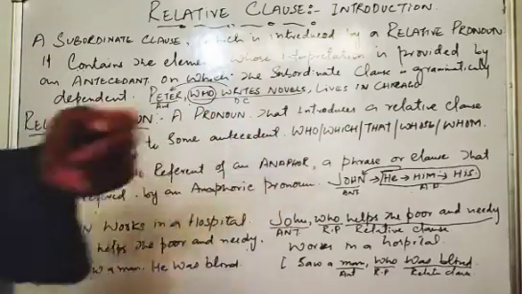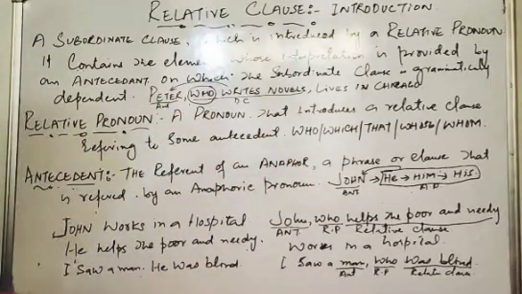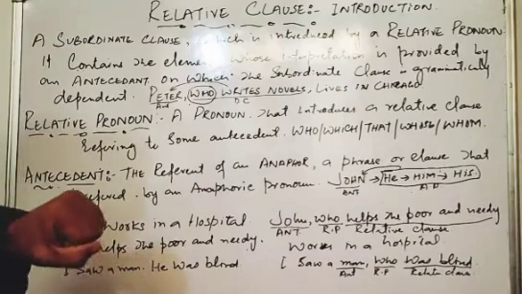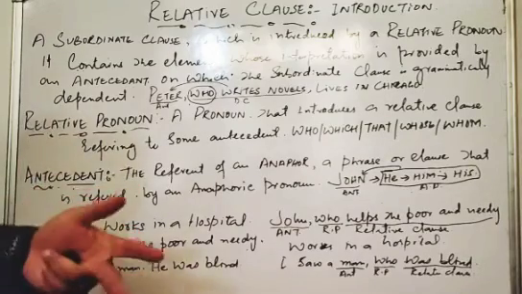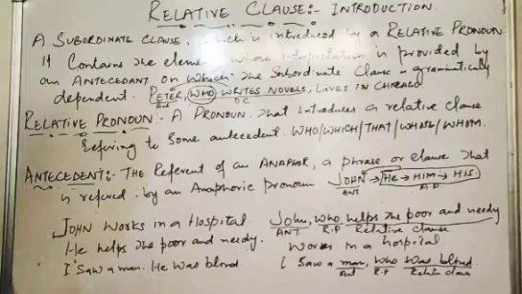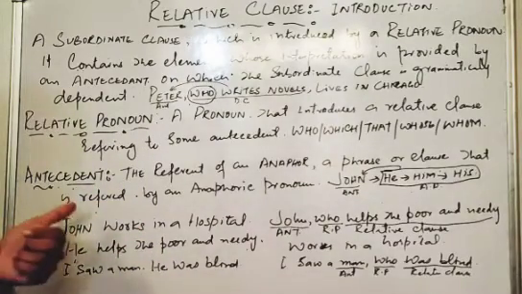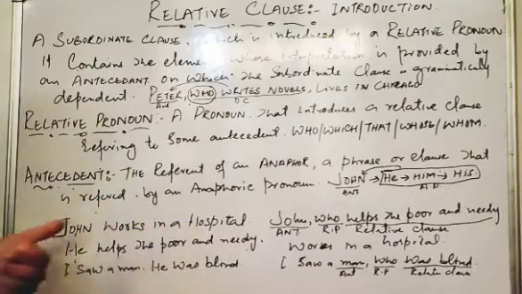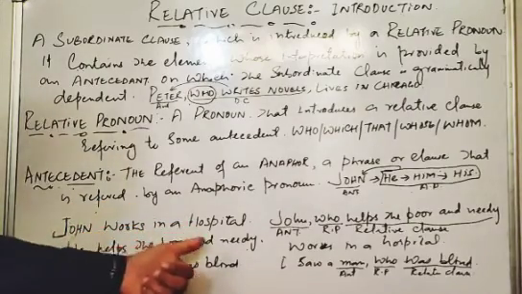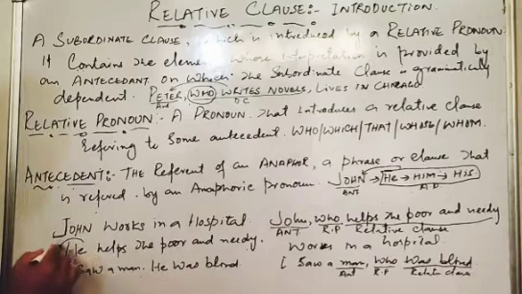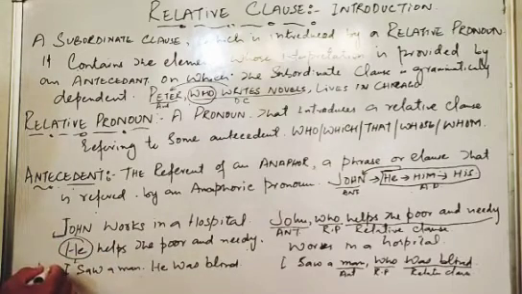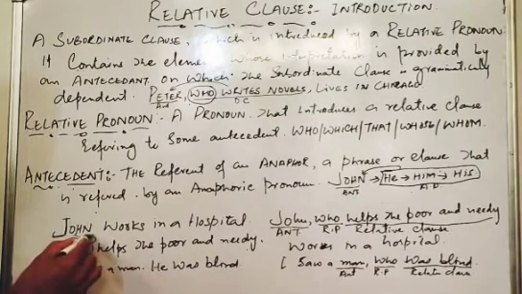If in the first sentence we use John, in the second sentence we will use he or him or his. Like in the given example, John works in a hospital. He helps the poor and needy. In the second sentence, it refers to John.